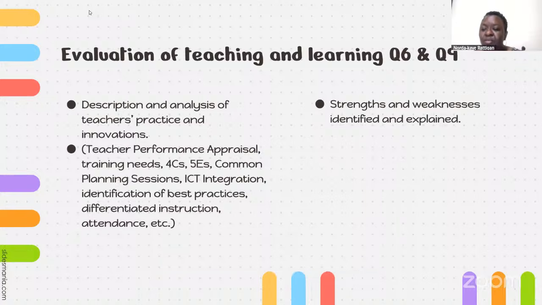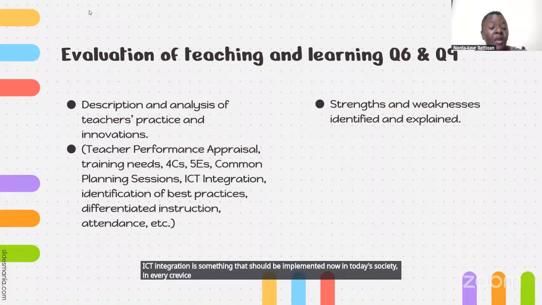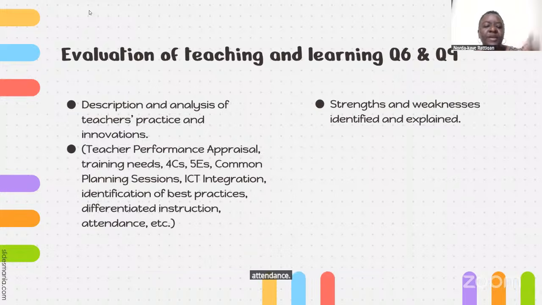ICT integration is something that should be implemented now in today's society in every crevice and corner of your schools. Are they implementing these innovations into the classroom to enhance the teaching and learning? So you look at these things: differentiated instruction, attendance, etc., and the strengths and the weaknesses identified and explained.